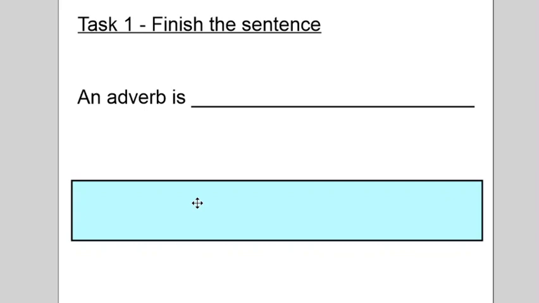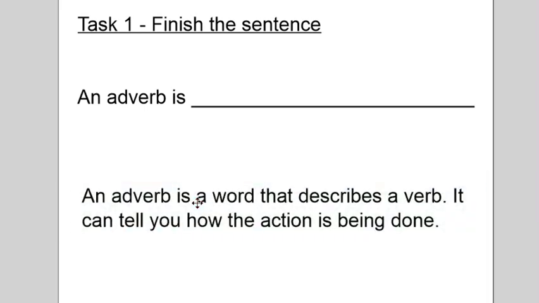Okay, brilliant. So an adverb is a word that describes a verb, and it can tell you how the action is being done. That's one of the things it can do. It can do many other things, but it can tell you how the action is done, and that's what we're looking at today. But the most important part is that an adverb is a word that describes a verb.